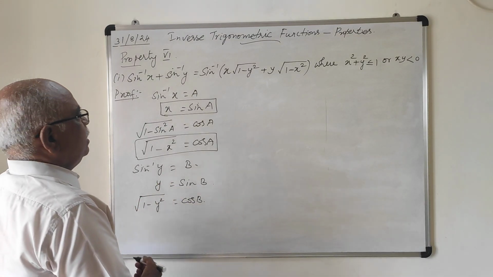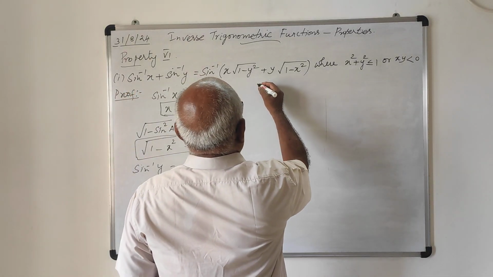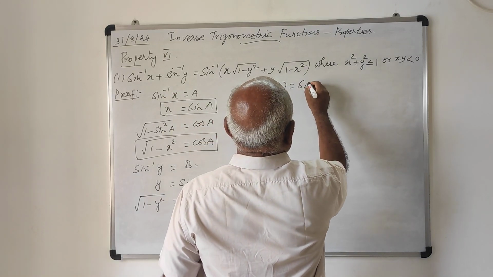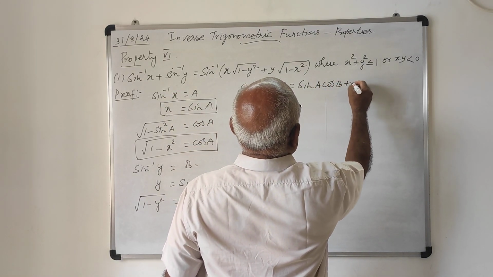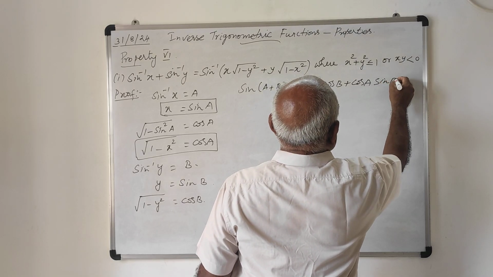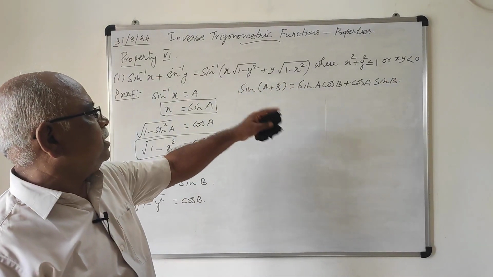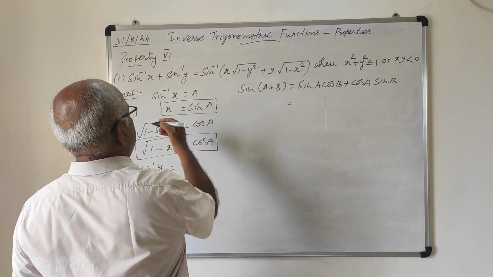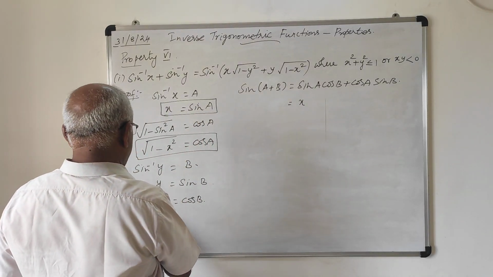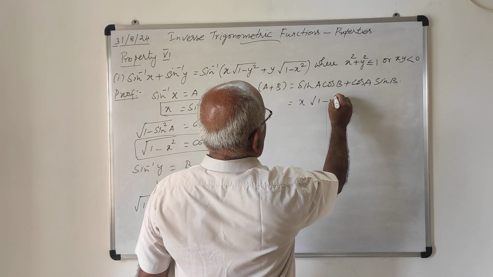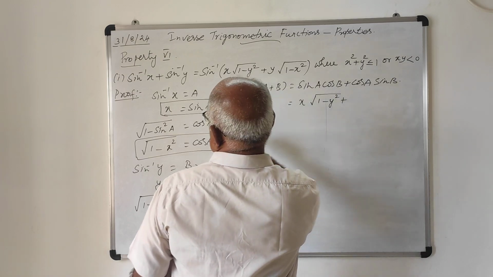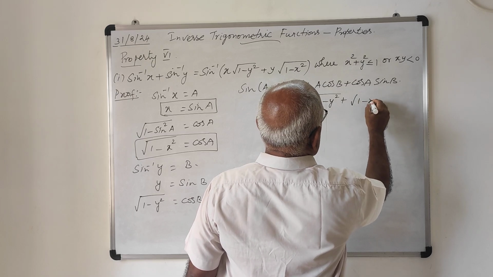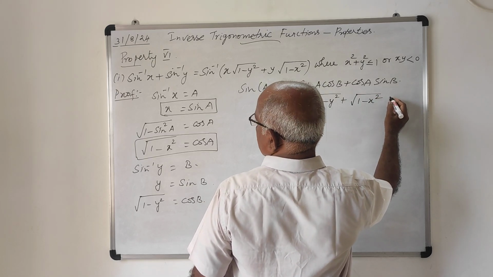From this idea, I am going to find sin of A plus b. The formula you know: sin of A plus b is sin A cos b plus cos A sin b, by the trigonometric result. Sin A is x, cos b is root of 1 minus y square, plus cos A, which is root of 1 minus x square, into sin b, which is y.